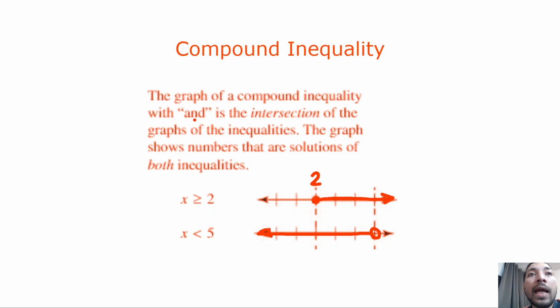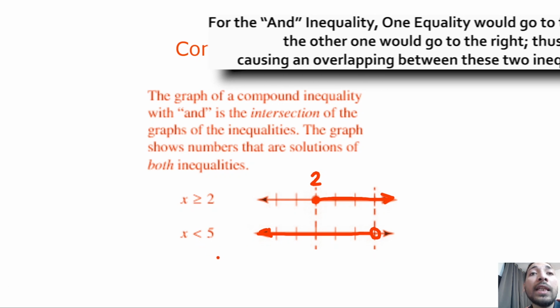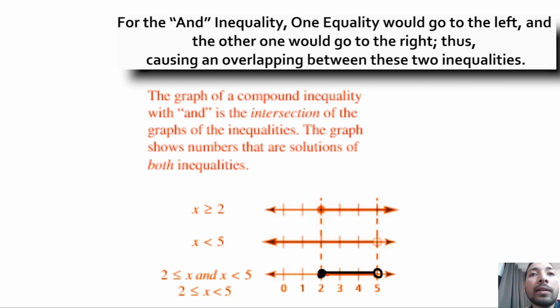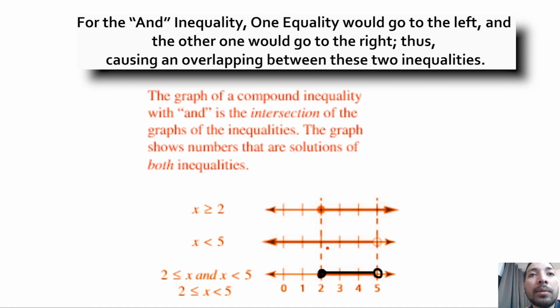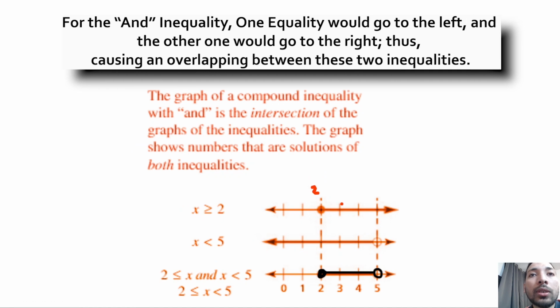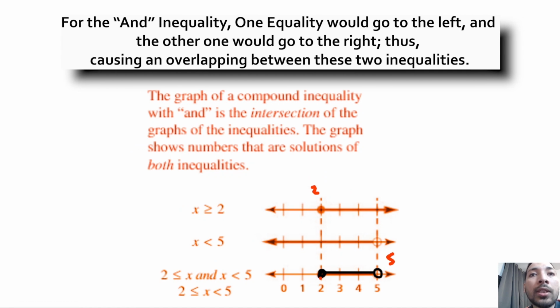Now, the and part would give you the intersection of these two inequalities. So if you have the intersection, it would look like this. This is the intersection part between this portion and this portion. So this black section is the intersection of these two inequalities.